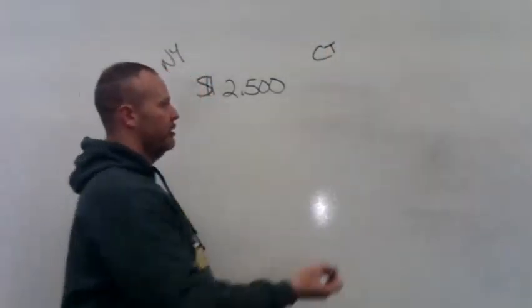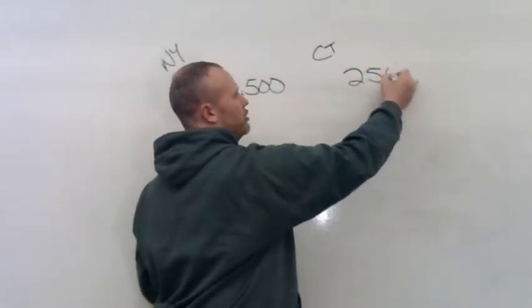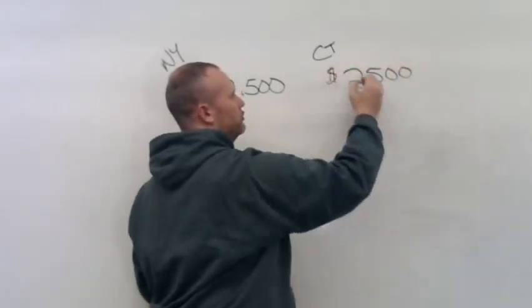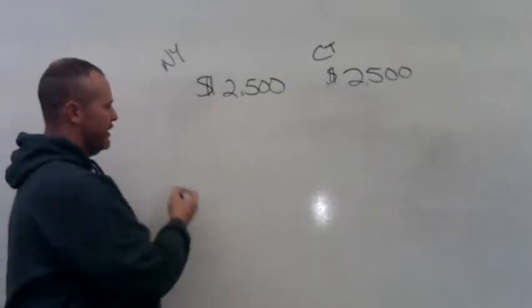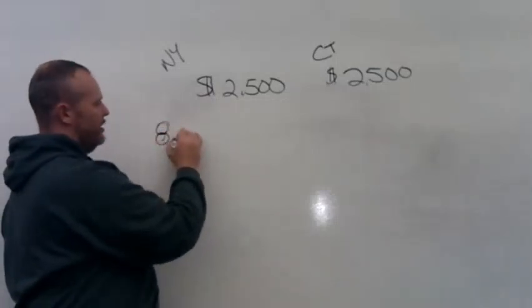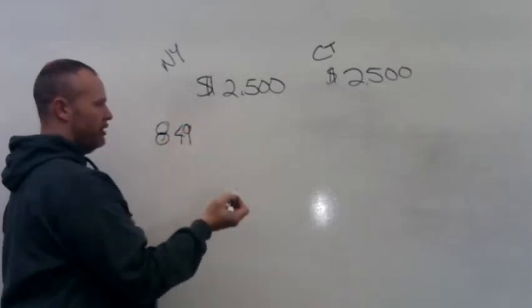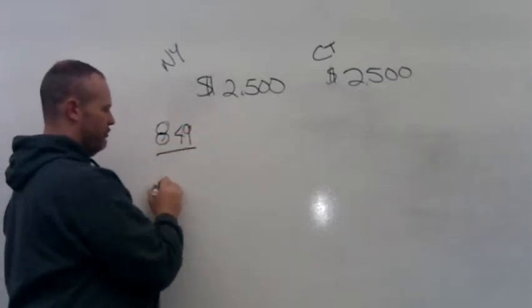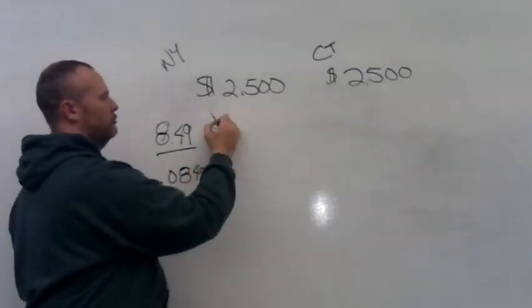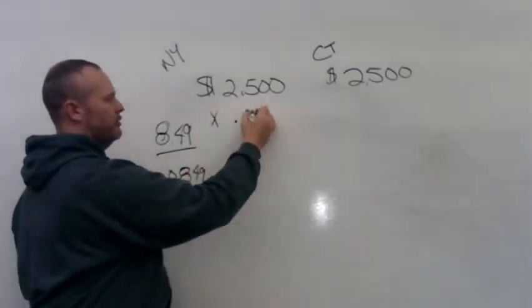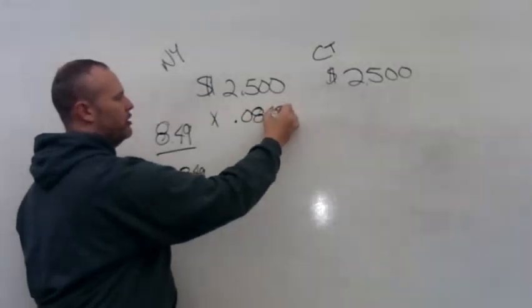And then we'll multiply by the sales tax. Sales tax in New York is 8.49%, or in decimal form is 0.0849. So multiply by 0.0849.